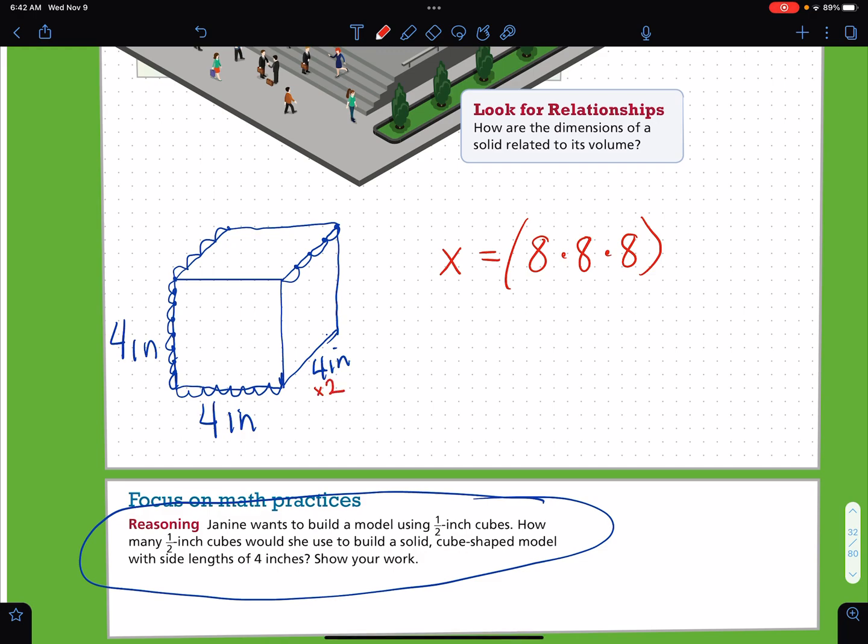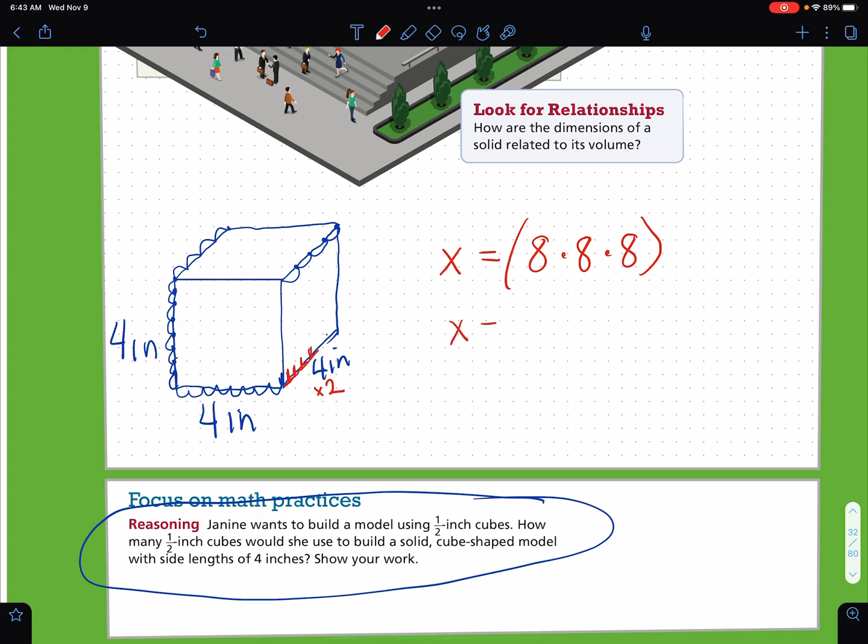Now, why I did 4 times 2 instead of 4 times 1/2: I know that every inch requires 2 half pieces to get there. If you can picture each one of those being an inch, you'd need 2 of them to get 1 inch.